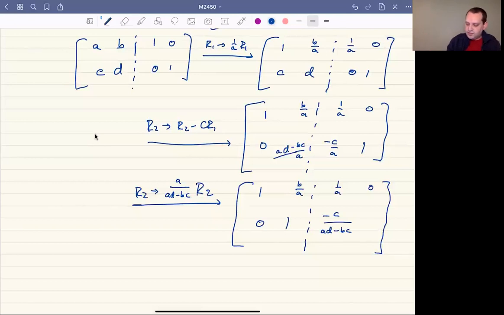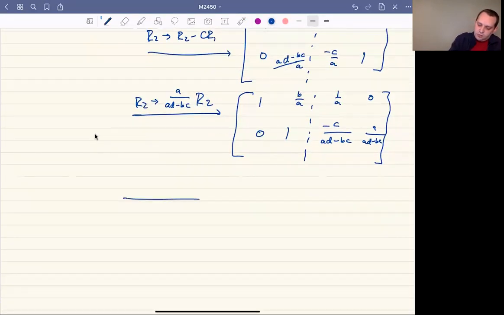And 1 times that will be A over AD minus BC. Okay. And now we're almost done. We have just one more term to take care of. That's the B over A term. So we're going to take row 1 and replace it with row 1 minus B over A times row 2.